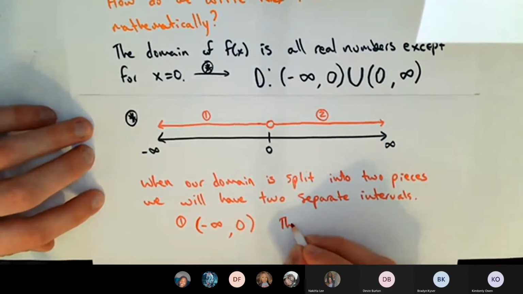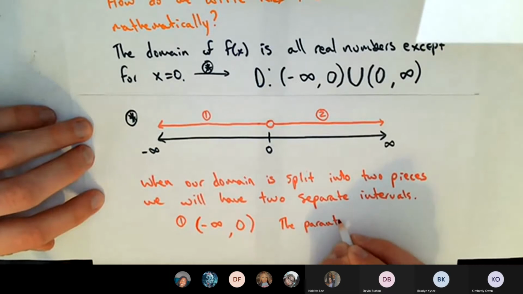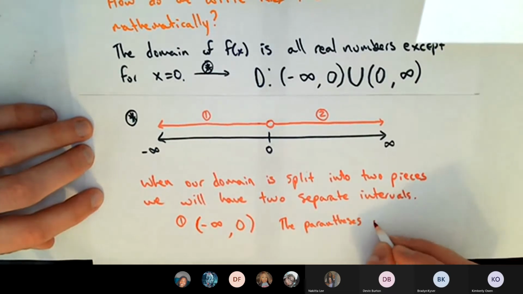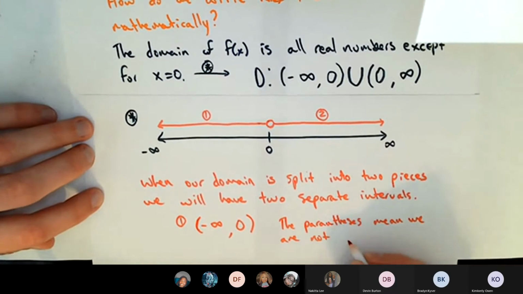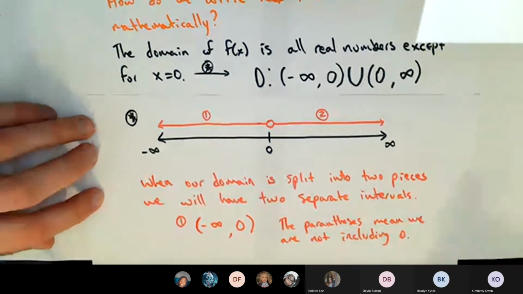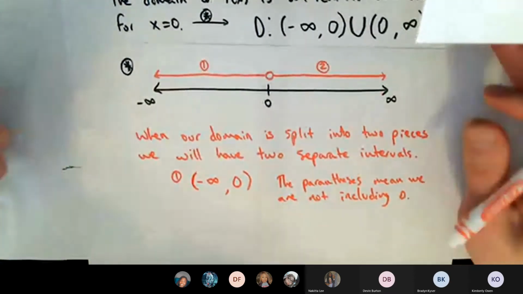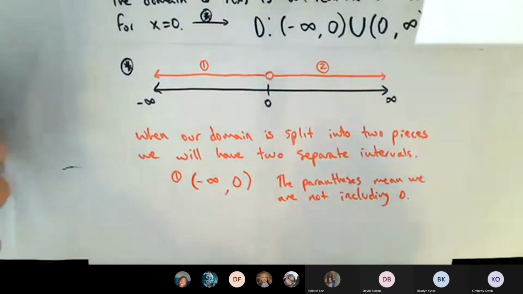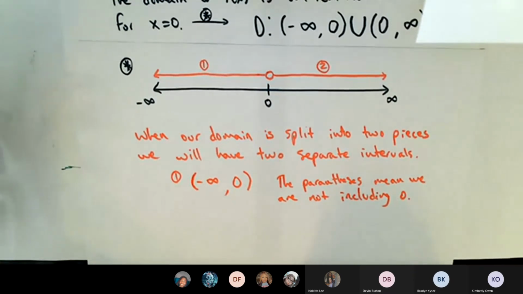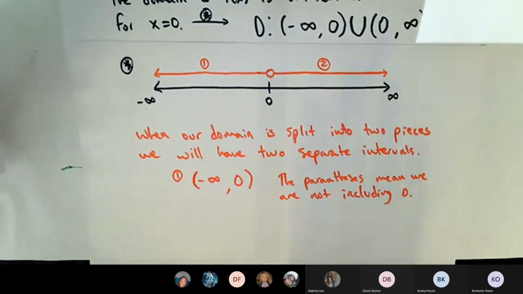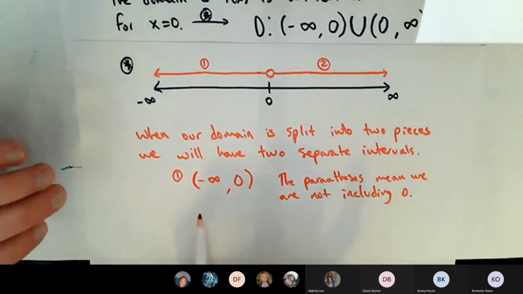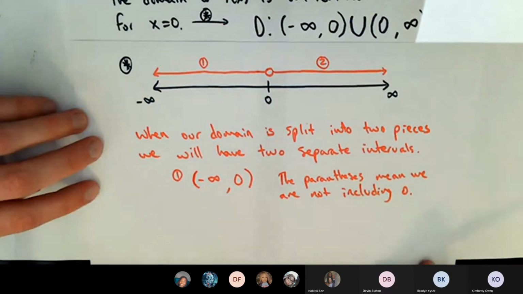The parentheses mean we are not including 0. If we used a square bracket, that would mean we are including 0. But we specifically want to not include 0 here, right? And technically you never include either of the infinities. Just remember that you always wrap the infinities with parentheses.